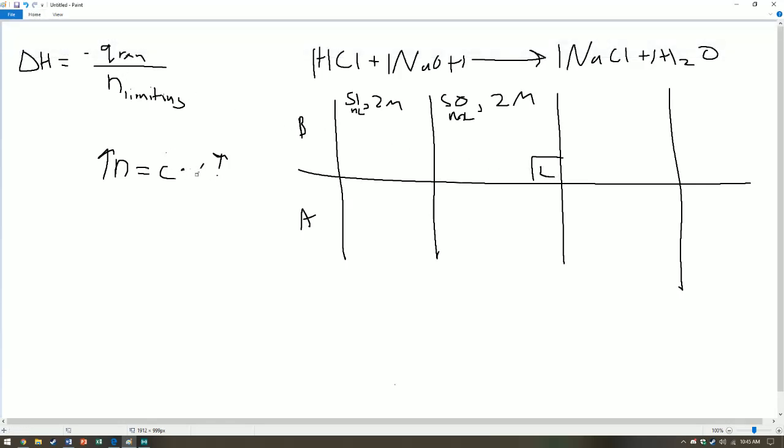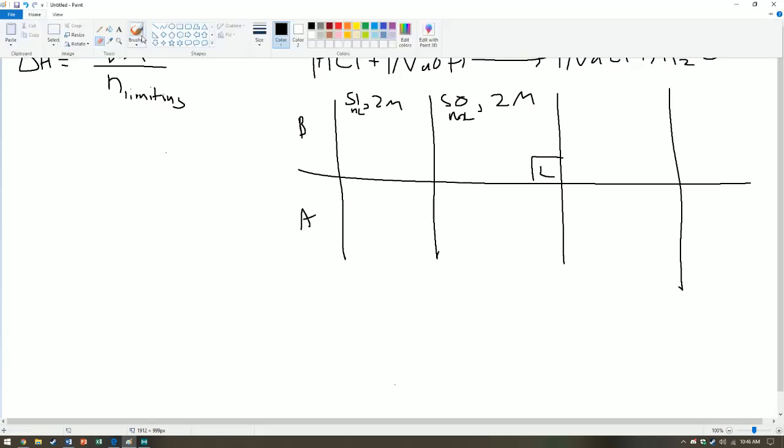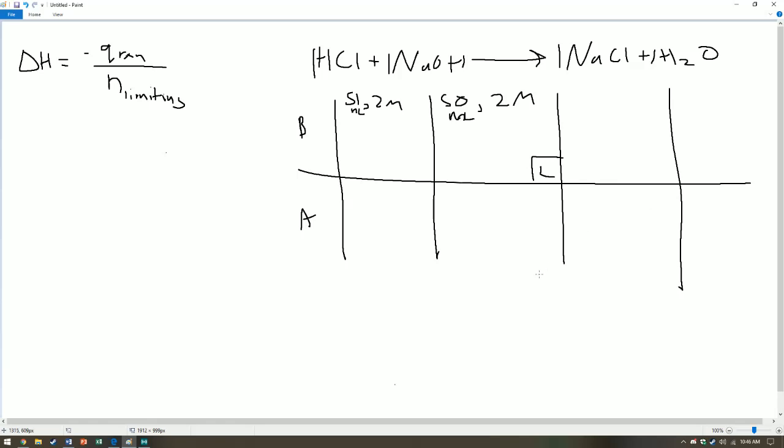So now that that's done, we can start to calculate things. The next thing I want to calculate is ΔT, because I know that m times c times ΔT is the formula, so we can write this as negative m times c times ΔT over n lim.